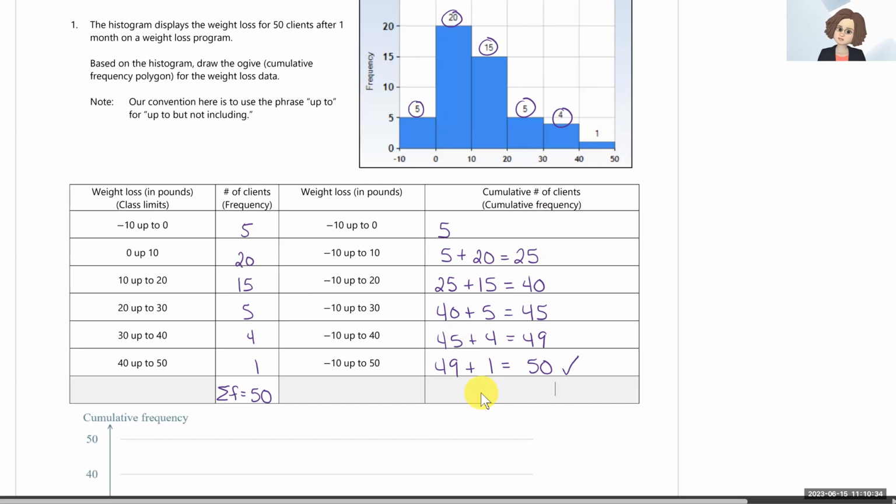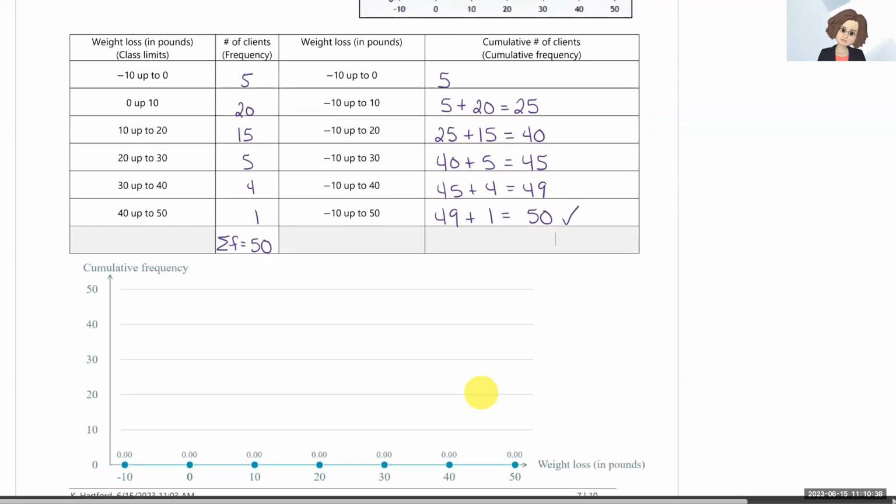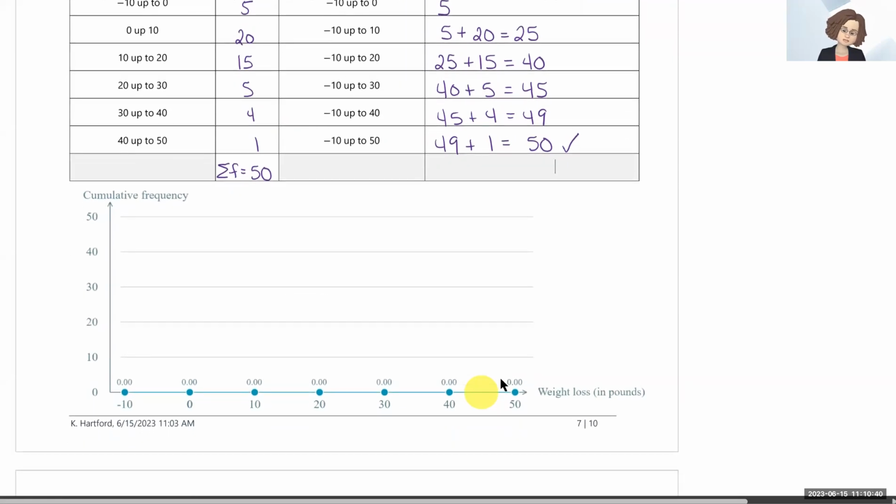And then when we graph that information, it's called an ogive or a cumulative frequency polygon. So cumulative frequency is what we're seeing now on the y-axis, and we're looking at our weight loss. What we do is we start with a point on the x-axis, so a cumulative frequency of 0.